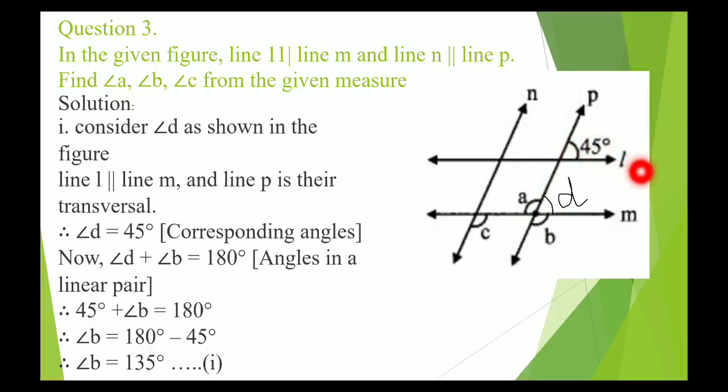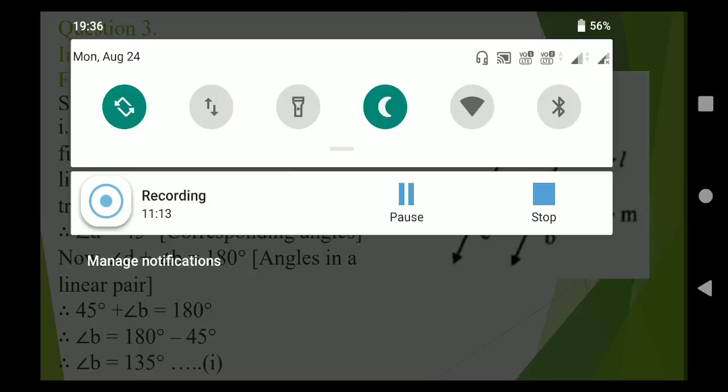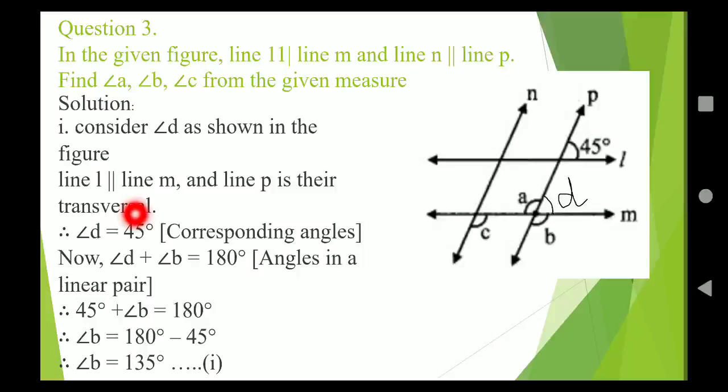Line L is parallel to line M, where P is the transversal.